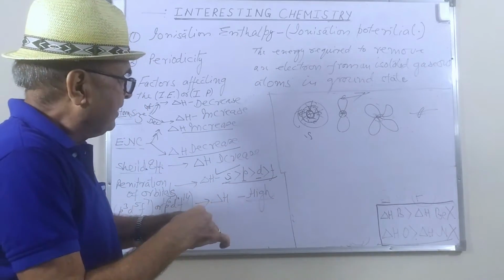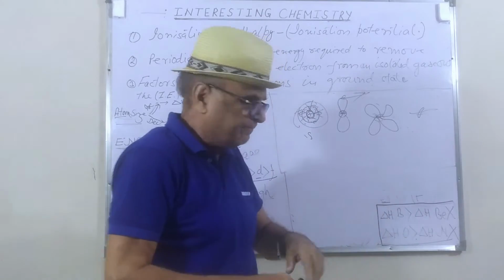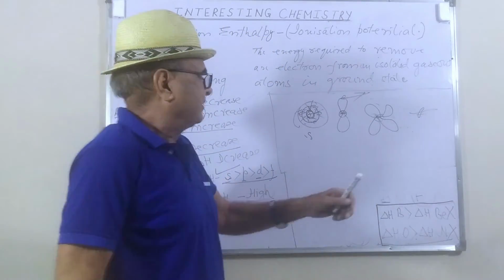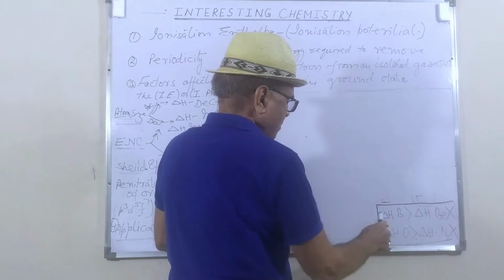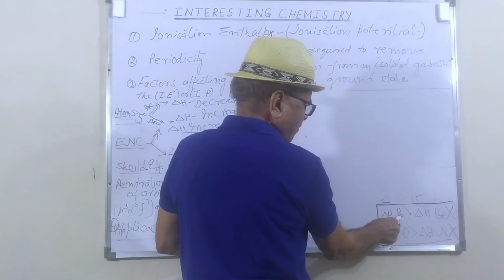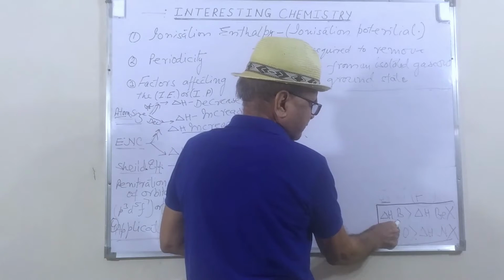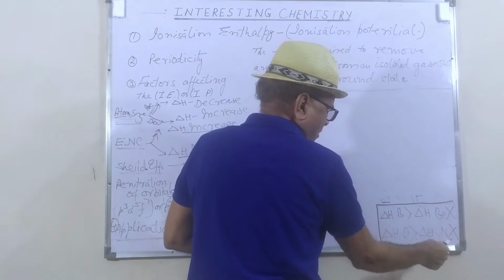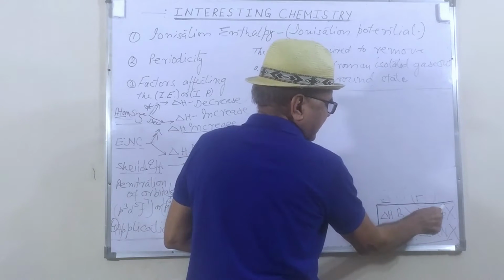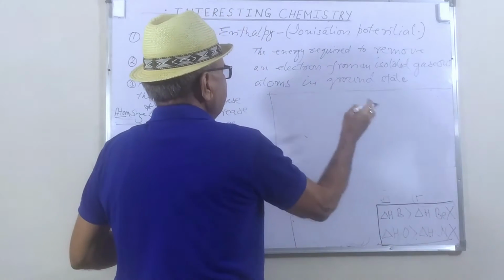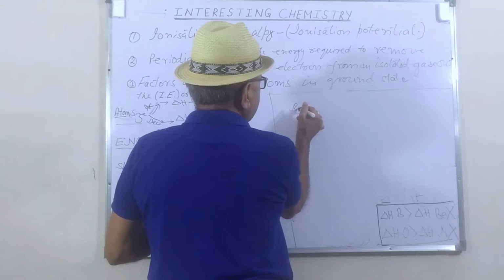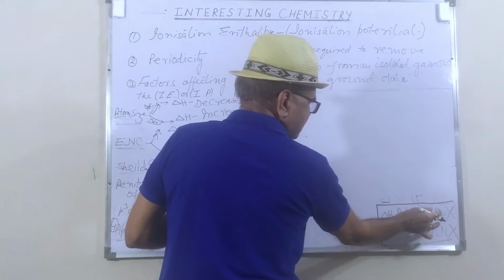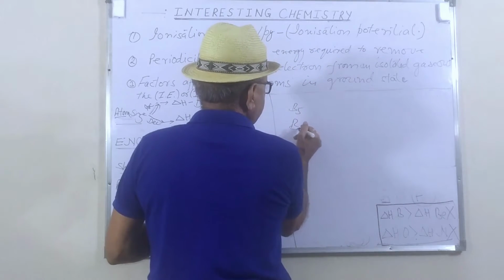So I will explain this question. According to the periodicity, the delta H of boron should be more than the delta H of beryllium. Here, see, this is boron, number 5, and this is beryllium, number 4.